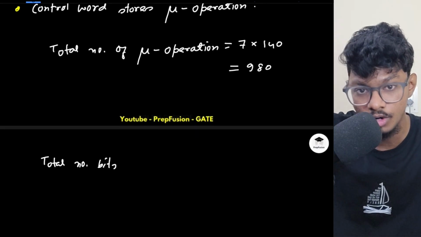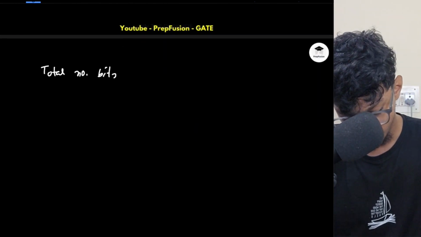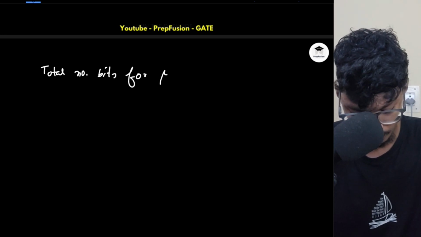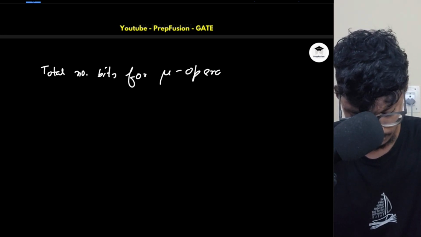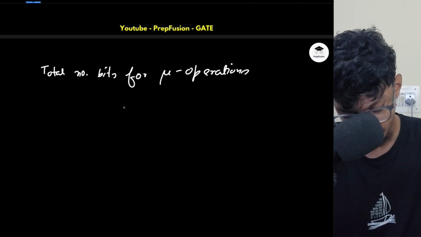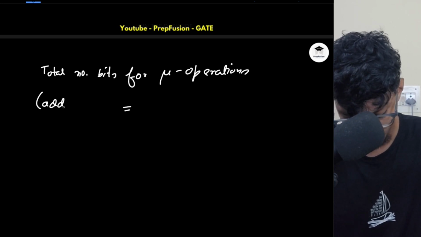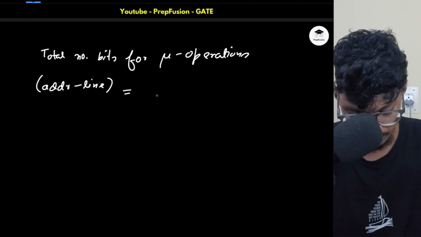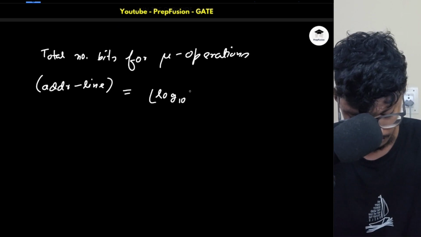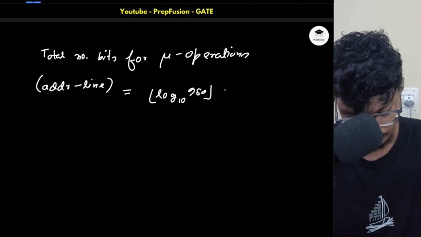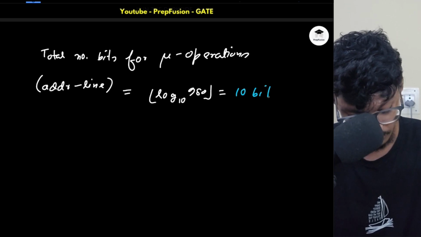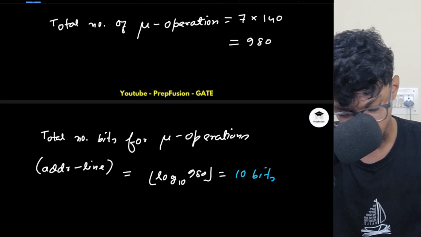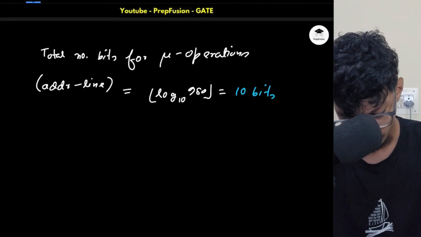So the total number of bits for micro operations, which will be the address line bits, is the upper bound of log base 2 of 980, which equals 10 bits. So I require 10 bits to address all those control words. What am I talking about? I have the control memory here.